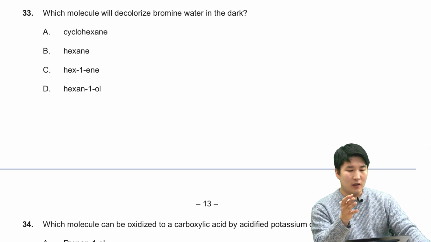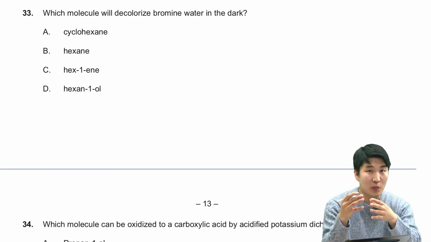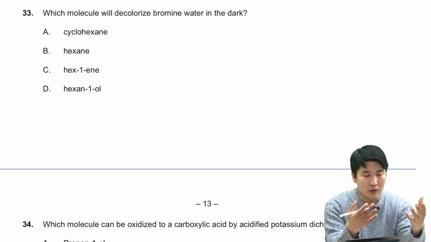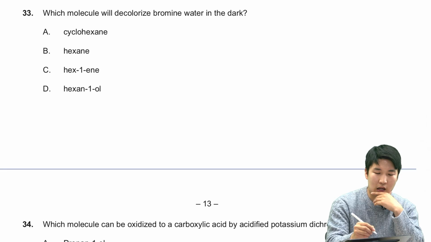Decolorization of bromine water in the dark is about electrophilic addition of bromine into a double bond or triple bond, which means we want the reactant to be hex-1-ene, an alkene.